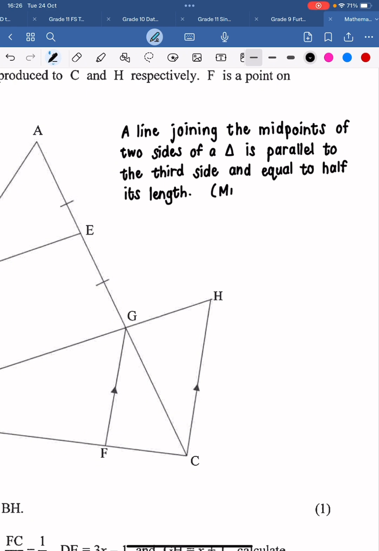And when you are using this, the reason that you need to write down is very simple. It is one of the nicest reasons. Midpoint theorem, that is all you need to write down. So like I said, please do write this down if it doesn't sound familiar, if you've never heard of this before, or if you forgot.